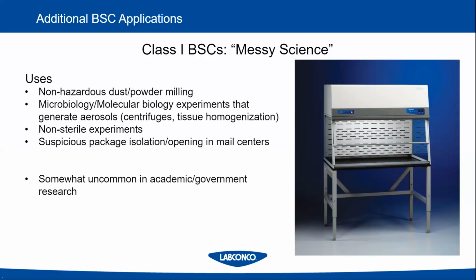I mentioned centrifuges. I should also note that centrifuges should never be used in class 2 biosafety cabinets. That's because centrifuges usually put off a plume of warm air and exhaust it pretty quickly outside the back of the centrifuge. And this can actually disrupt the laminar airflow inside the class 2 biosafety cabinet.